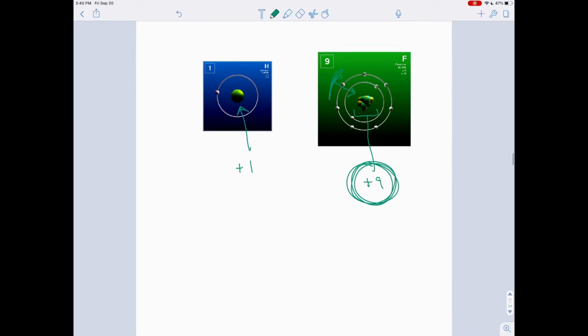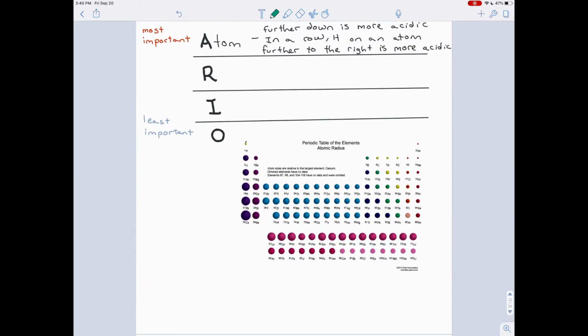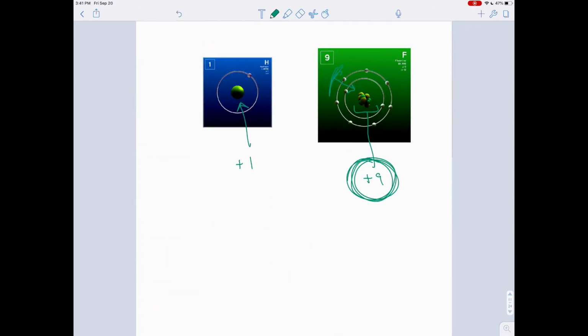So as you go to the right on the periodic table, elements become more electronegative, and what that means is they take the negative charge that's left behind and they hold it close to the positive charge in the nucleus to help stabilize it. So say you have H2, hydrogen gas, and compare that with HF.